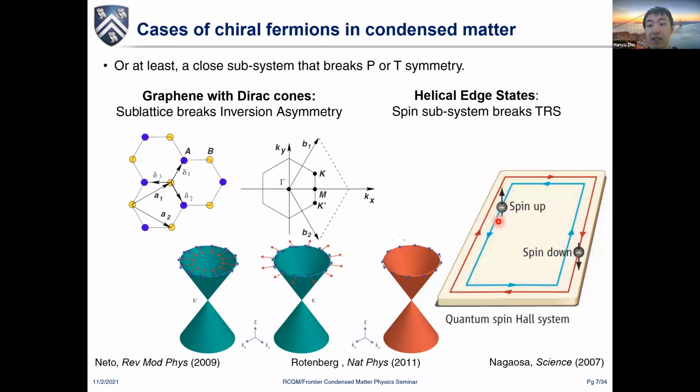They can still exhibit a chiral edge state for each spin, although their motion must be opposite to each other, such that the overall material doesn't break time reversal symmetry.